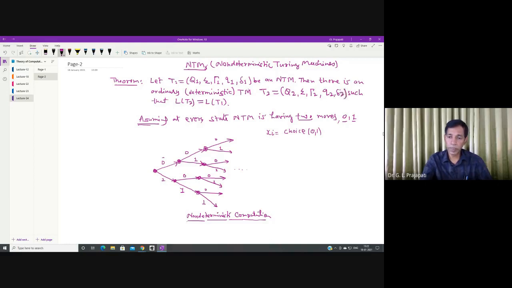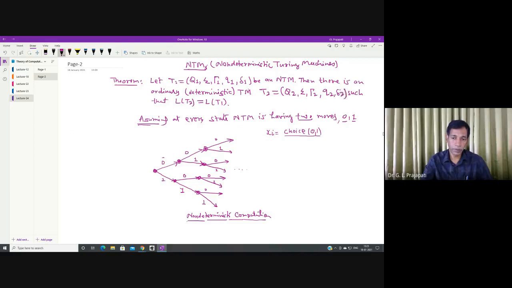The machine executes this choice, either it moves to 0 or it can go to move number 1. But you are not telling it explicitly, you are not writing the Turing machine for how it is going to make this choice. We are not writing any algorithm to tell the machine which choice to make.